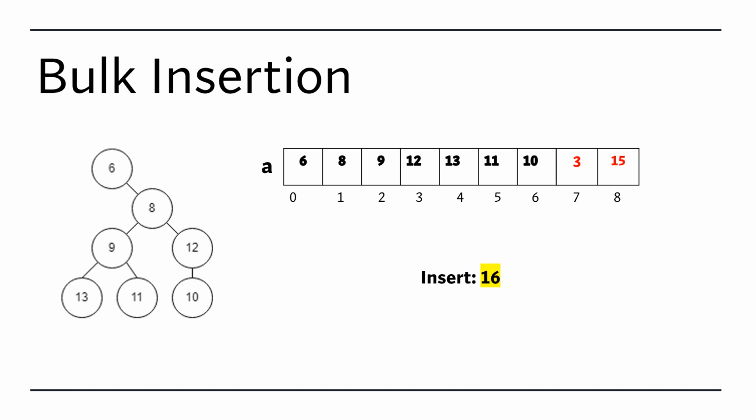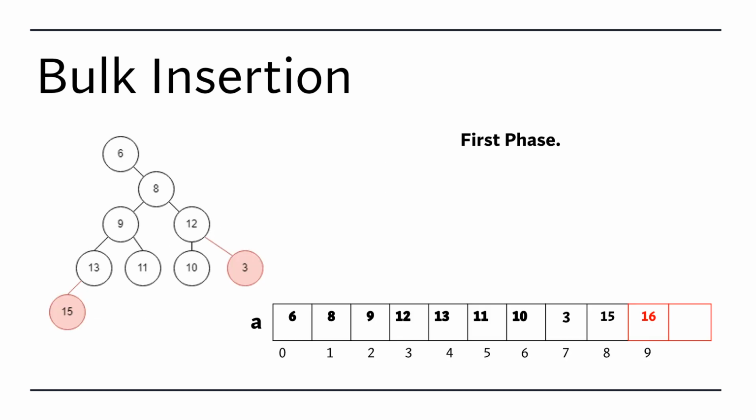Now let's see how bulk insertion performs. We have a weak heap and an array, and we want to insert 16, which exceeds the buffer capacity, and so we need to embed all the buffer elements, which are 3 and 15, into the weak heap. We have two phases. In the first phase, we add the buffer elements to the weak heap.